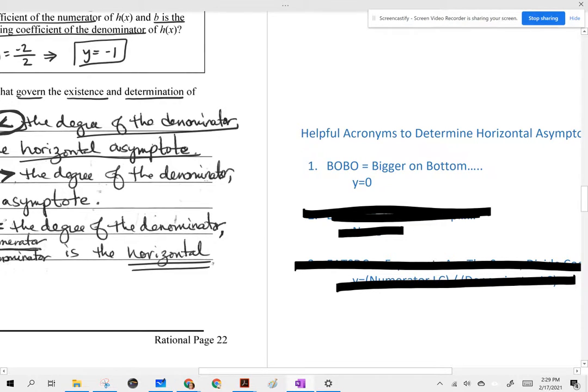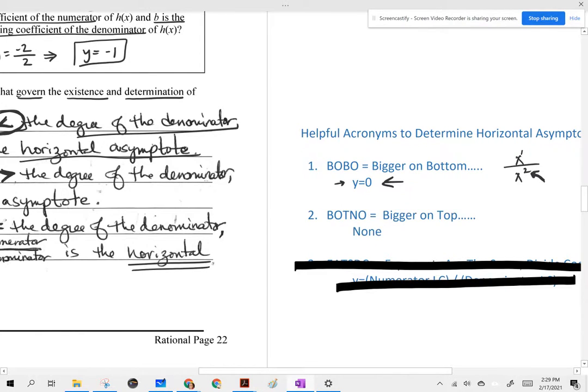BOBO. So if you're bigger on bottom, then your equation is y equals 0. So for example, if I have x over x squared. Again, we're talking about the degree. So if the degree is bigger on the bottom, then your horizontal asymptote is y equals 0.